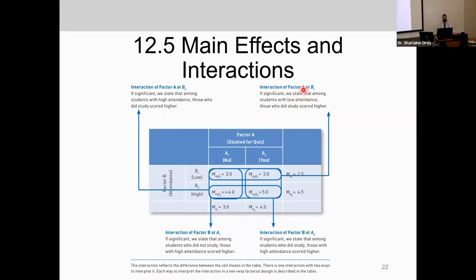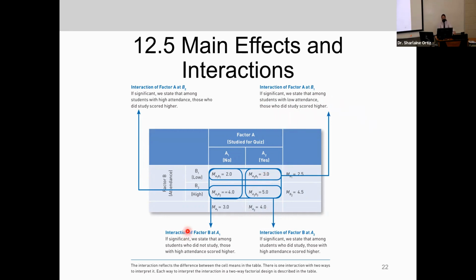Let's look at factor A and only compare it to the first level of factor B. In this specific case, should that be significant? We would say that among the students with low attendance, those who did study scored higher. So now we're seeing yet another interaction.